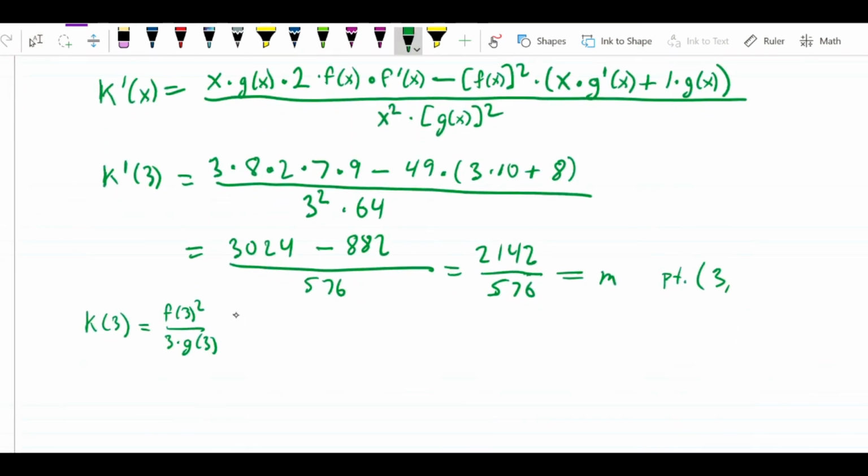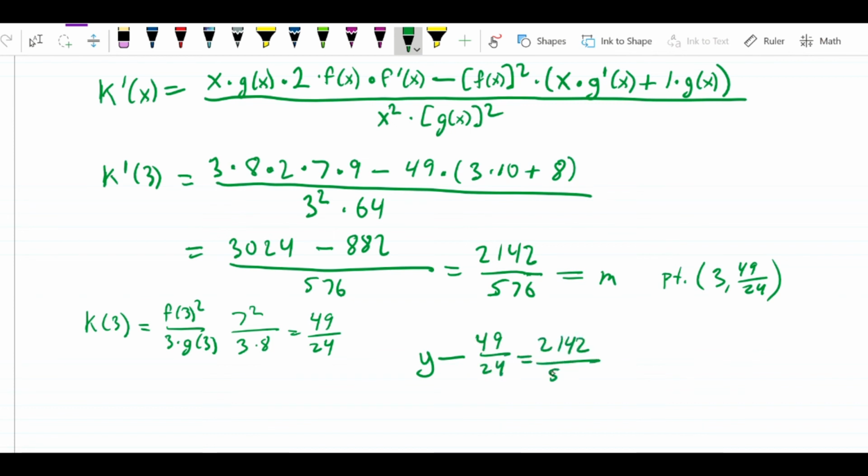So that's going to be 7 squared over 3 times 8, which is 49 over 24. So that's 49 over 24 is the y value, and I have the slope, and I can write out an equation of the line in point-slope form. y minus 49 over 24 equals 2142 over 576. Don't let the big numbers scare you, it's just a number. Times x minus 3, and there we go.